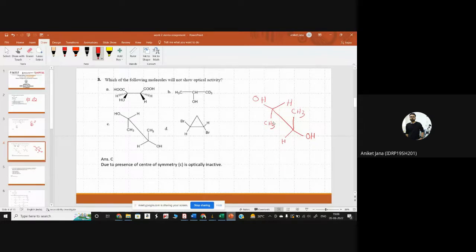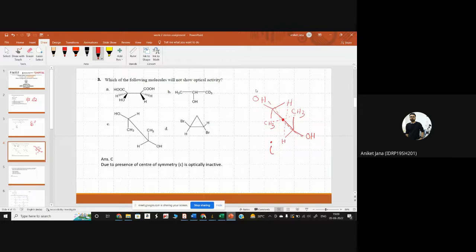It has a center of symmetry. If we draw an imaginary line connecting the same kind of groups, then in the center of the molecule there is an imaginary point. This point is called the inversion center or center of symmetry, i. As this molecule has a center of symmetry, it doesn't show any optical activity, right?